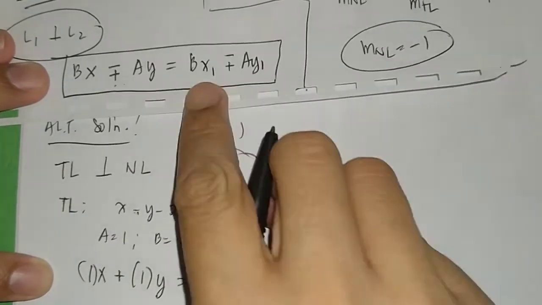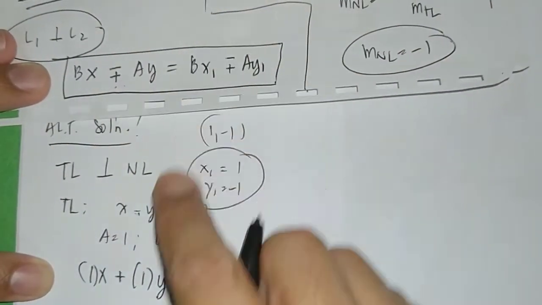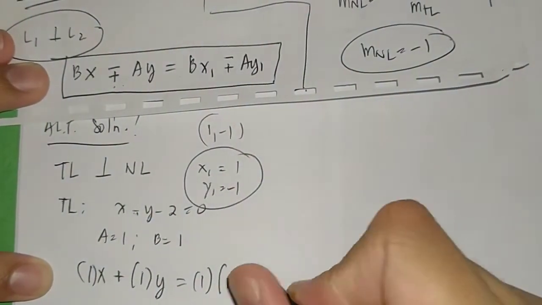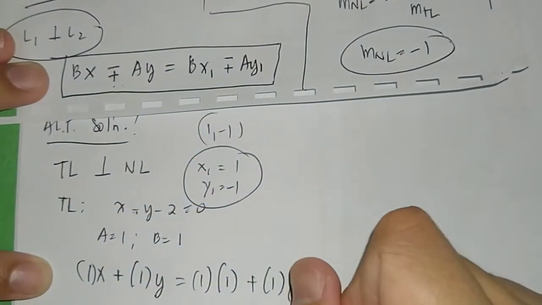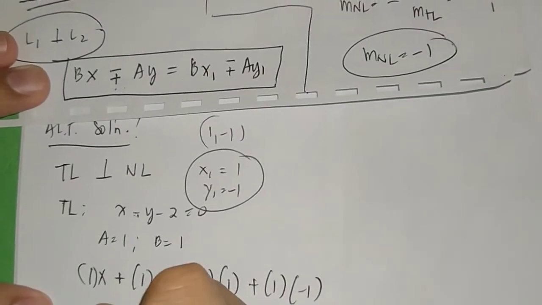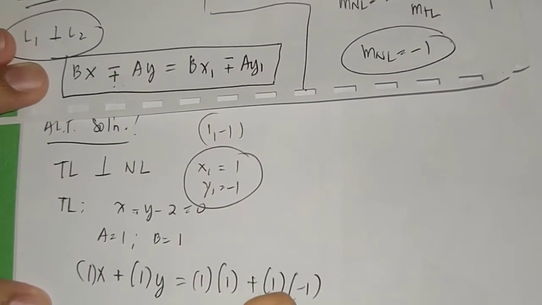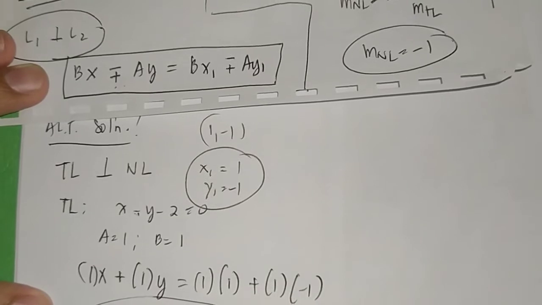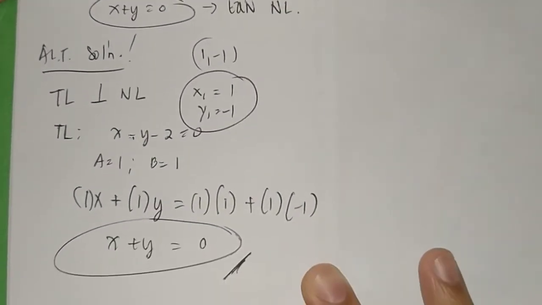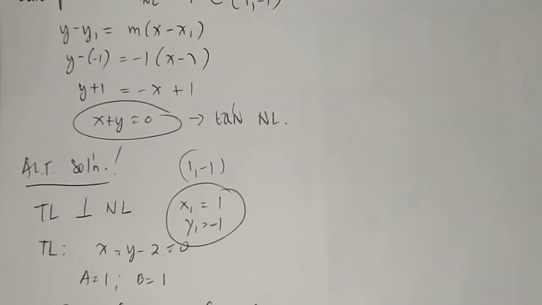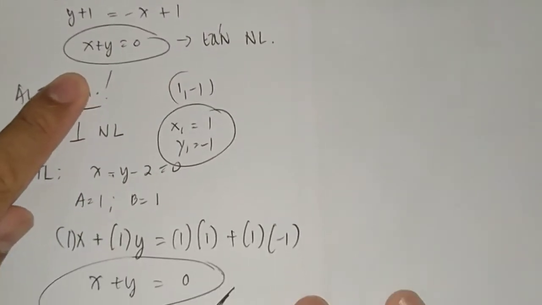Multiplied by x1, so plus a is 1, then y1 is negative 1. So as you can see, this is 1 times x is x, plus y equals 0. So that is the same as that of our equation that we have solved here a while ago.